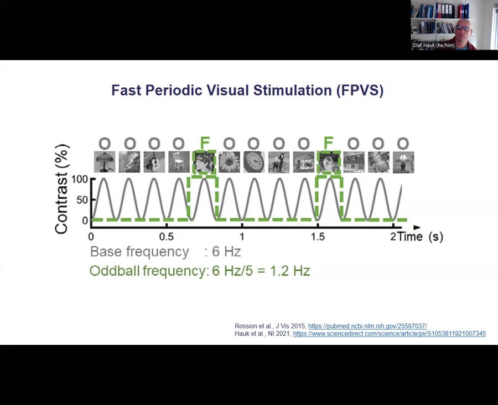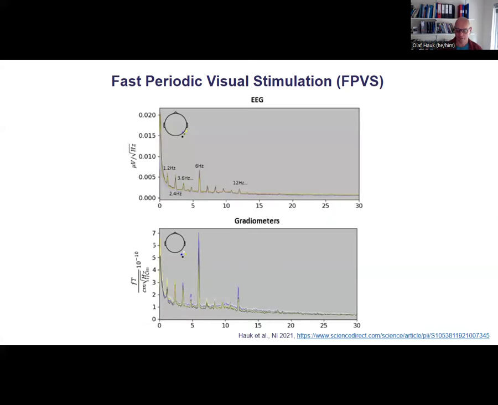It should be quite a reliable brain response, because this peak in the frequency spectrum is basically an average across everything that happens over time that distinguishes faces and the other objects, at different stages of the evoked response. So it's all summed up in one frequency response. So you might actually get a nice response at the frequency of 1.2 hertz, even after just a short amount of recording time. And that's exactly what has been reported.